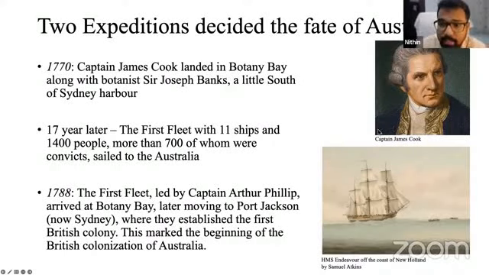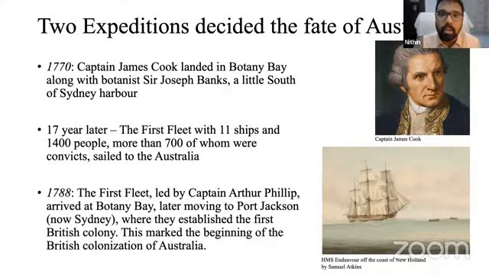So here is James Cook, who came to Australia in 1770 on the East Coast, at what is now called Botany Bay. And 17 years later, with 1,400 people, of which 700 plus were convicts, Captain Arthur Phillip landed in Botany Bay.